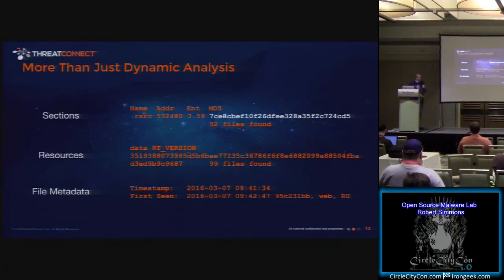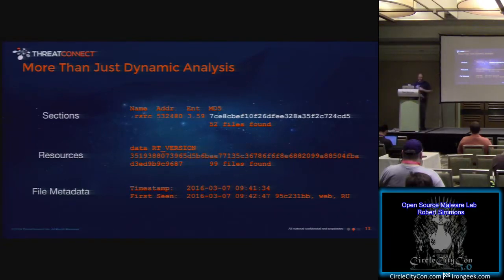So the PE sections in Windows malware, you can take a hash value of each one of the sections, and then you can compare that hash value to all of the other hash values of sections in a malware repository, and then you can see what other files that you may have collected at the same time or collected in the past that have the same hash value for that section.